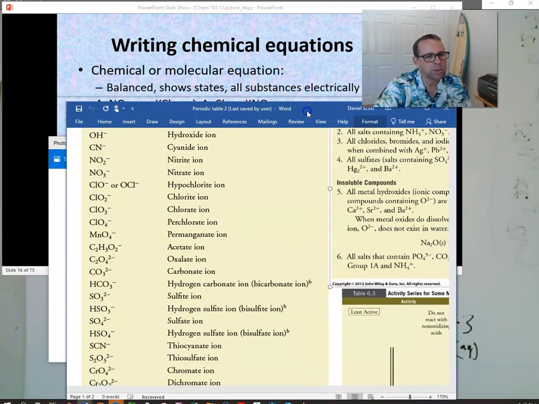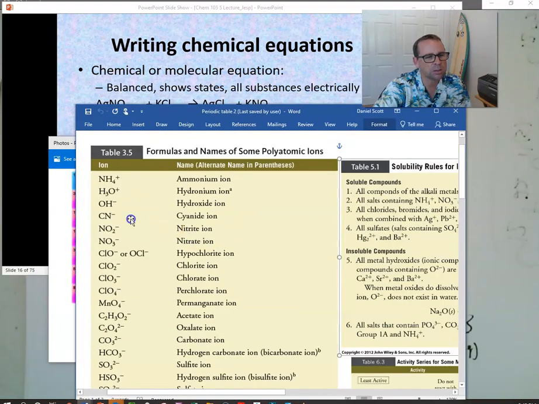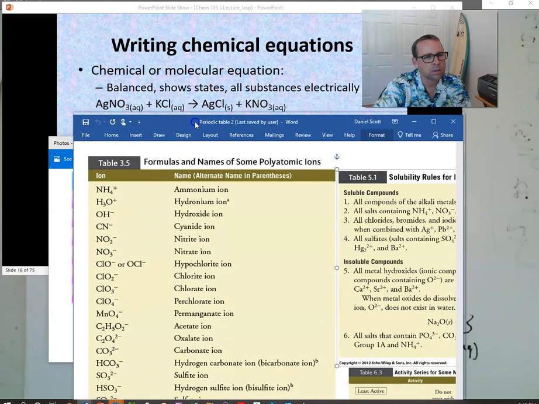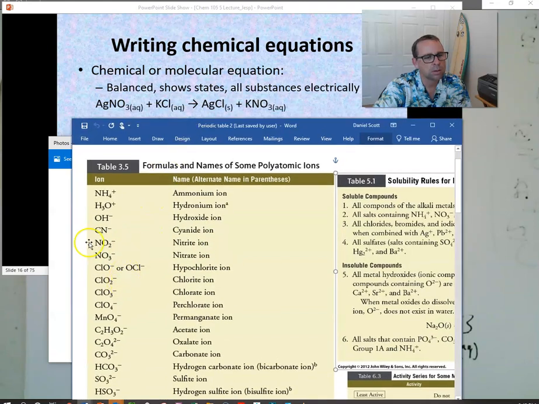Let's look at our polyatomic ion chart. There it is. Nitrate. Very good.